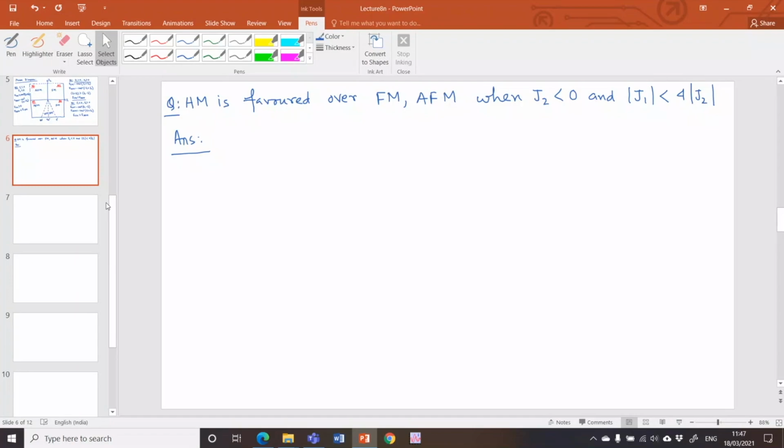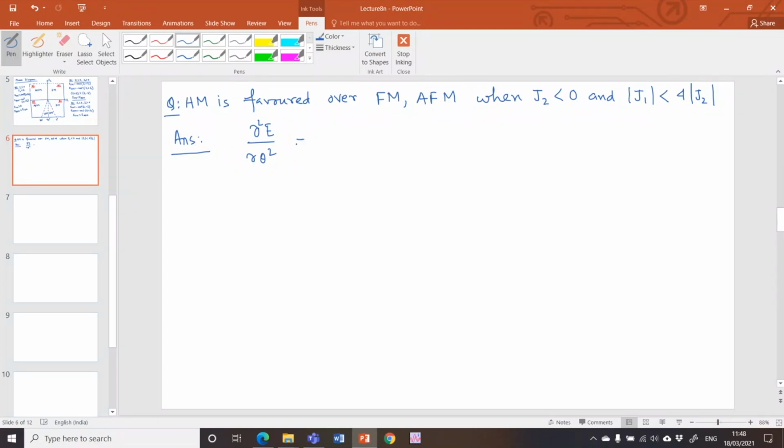This is kind of an extremum problem, so you take the double derivative. Here also you can try that. All you have to do is calculate del 2E del theta 2.